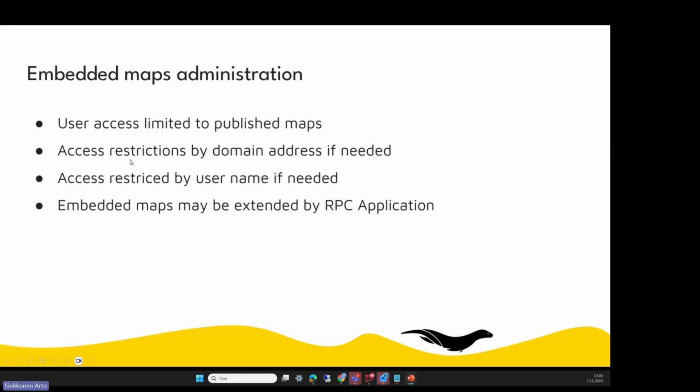And those samples that you have provided, there are, for instance, the fishing limits, the kalastusrajoitukset. That's a good example of a published map with the RPC application and no restrictions. Anybody can access.